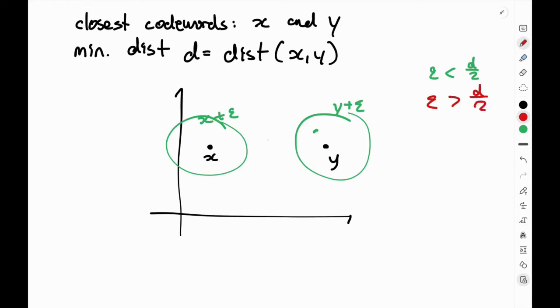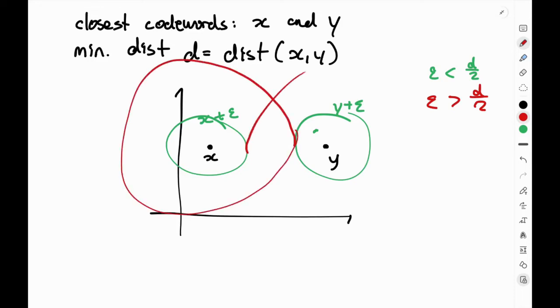Then we have intersecting circles, and a message in the intersection that we can't tell which set it belongs to. We can't tell if the center should be x or y. This means that we can correct any number of errors that is less than d over 2.